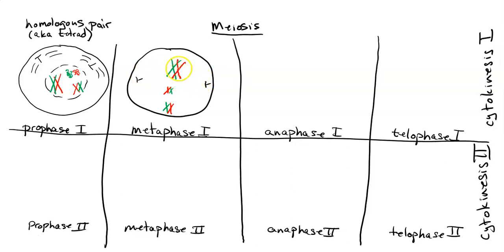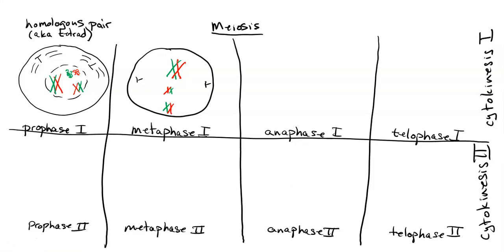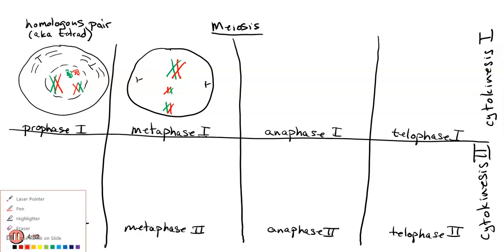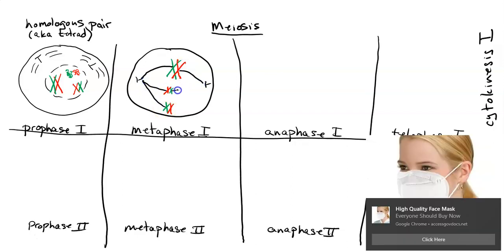They line up on either side, but they do line up in homologous pairs. So please write that down. You also need to note that the spindle fibers connect the centromere to the centriole, but they only attach it to one centriole on the side of that chromosome.